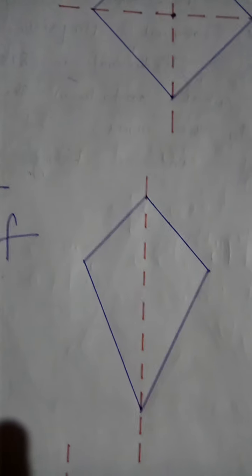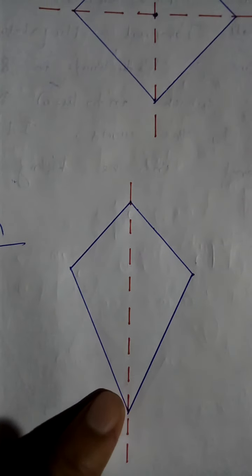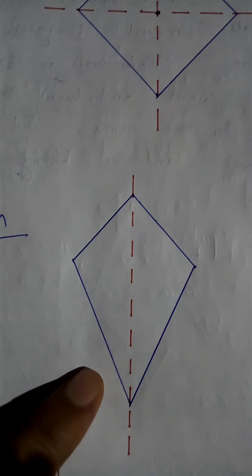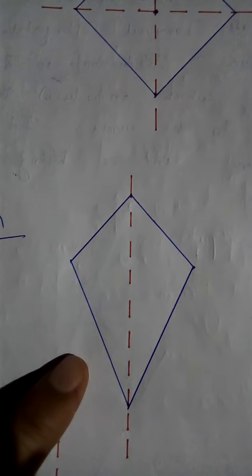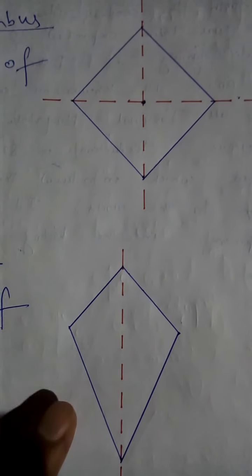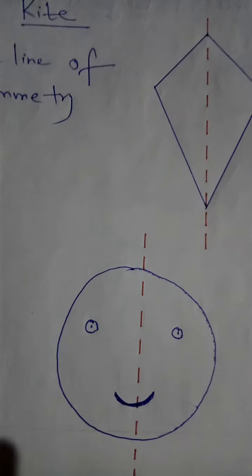And the last figure that I've drawn here, it's any figure, there's no name. It's like a face. So again, it has exactly 1 line of symmetry. So this type of figure can also come in exam. Okay, and you have to draw the line of symmetry. It's the figure of a face, so it has exactly 1 line of symmetry.